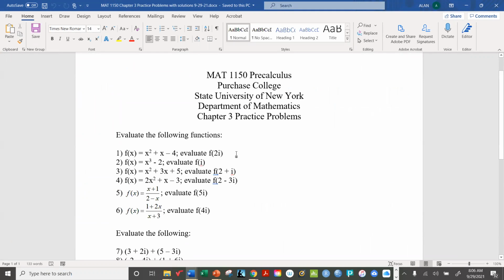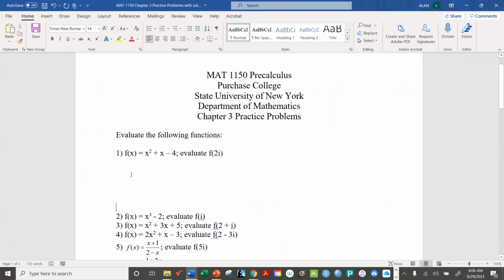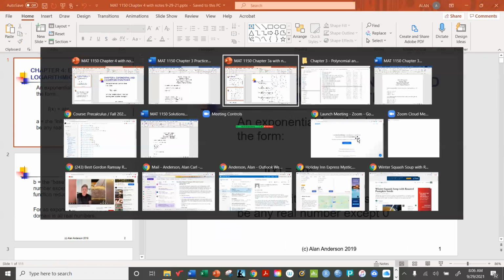Now, first things first, here we're evaluating. Now, all that means, of course, is that all the x's are being replaced with 2i. So if you do that, you'll have (2i) squared. So already we're going to need these exponents.